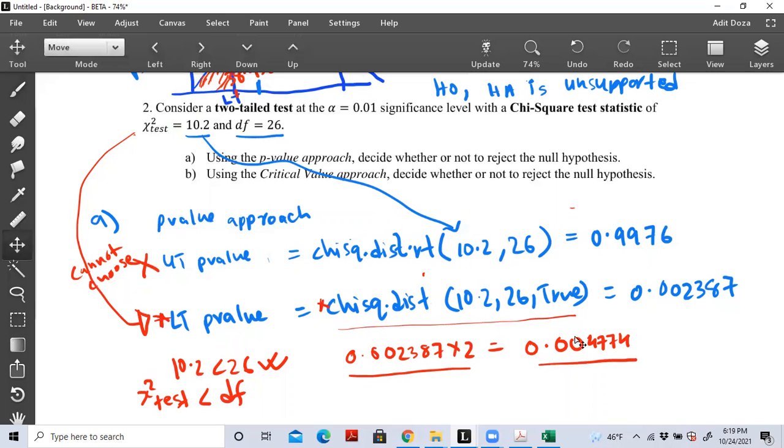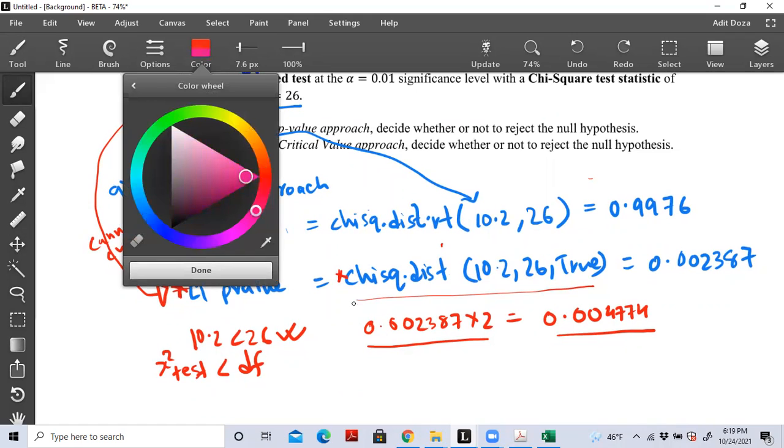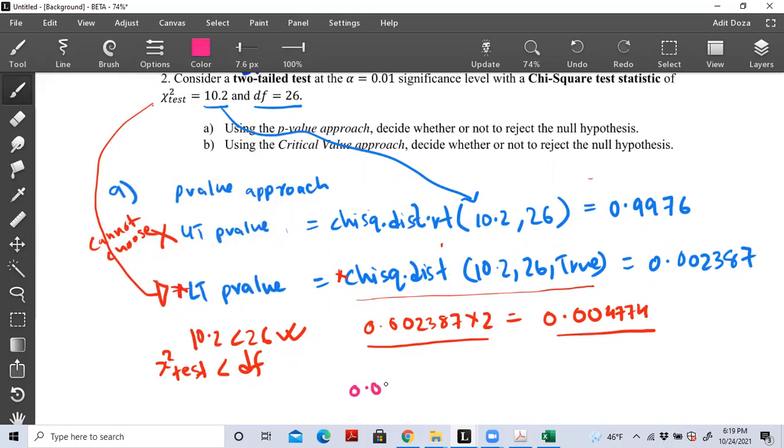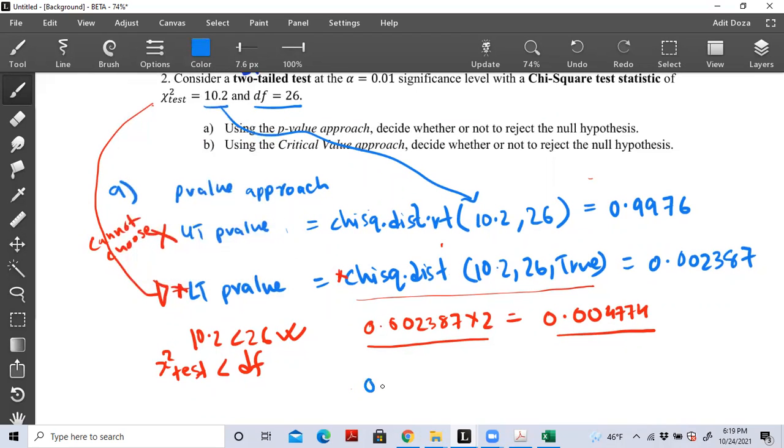So now let's look at our p-value with the level of significance. Let me use a different color. Our p-value is what? 0.004774. I like the light blue. And what is the alpha value? 0.01, right?